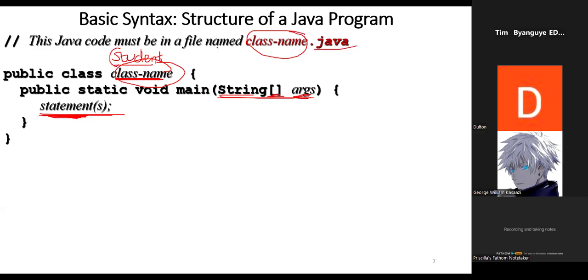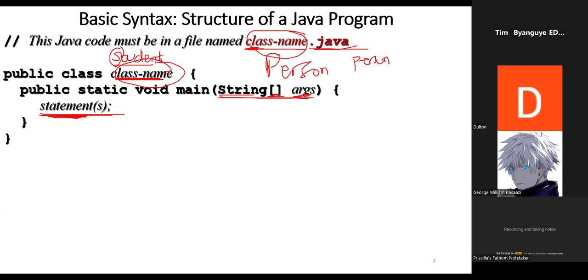Notice the capital S is also supposed to cut across here. If this class is called Person, I'll save it in a file called Person.java. Person with small letters would be a different thing compared to Person with capital letters. I think we've also talked about that most of these programming languages are case sensitive.